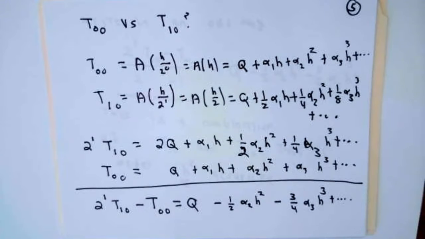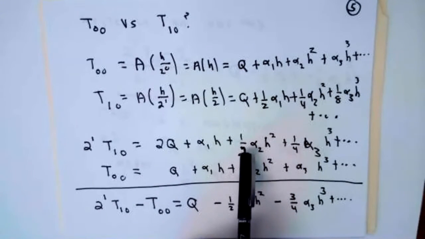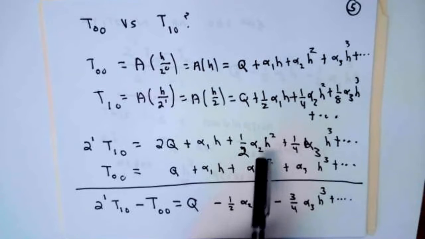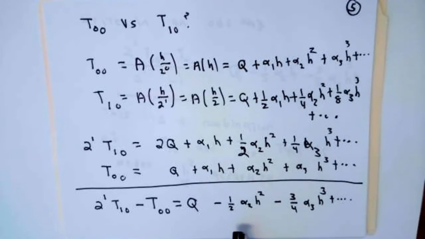So when I subtract, the h to the first power term goes away. If I have 1/2 alpha 2 h squared and subtract away alpha 2 h squared, I get minus 1/2 alpha 2 h squared. And likewise, when I subtract these two terms, I get minus 3/4 alpha 3 h cubed, and so on.